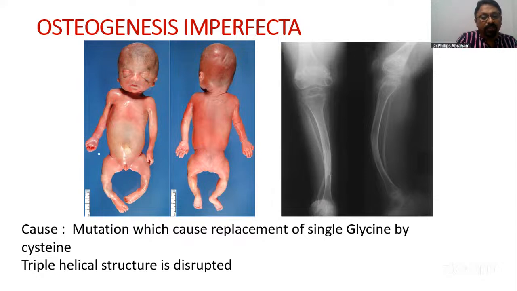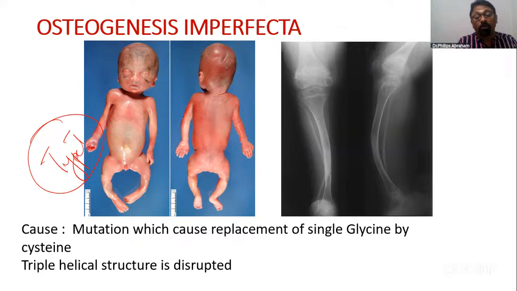So, a defect of type 1 collagen in the bone. The triple helical structure is disrupted. There will be more glycosylations in that. That leads to osteogenesis imperfecta. So, two disorders, Ehlers-Danlos syndrome and osteogenesis imperfecta, related to collagen, our major protein in the body.